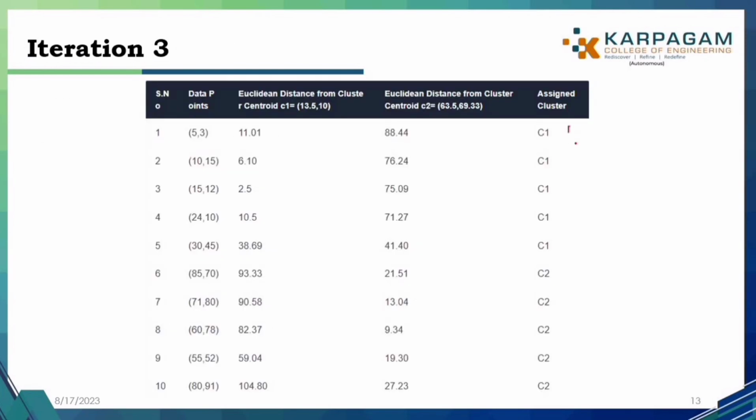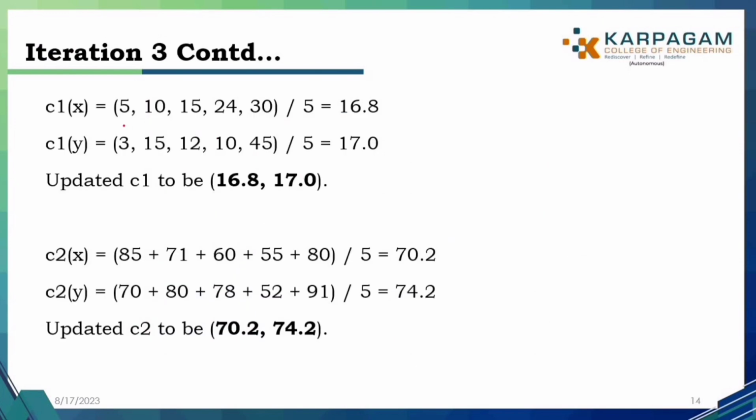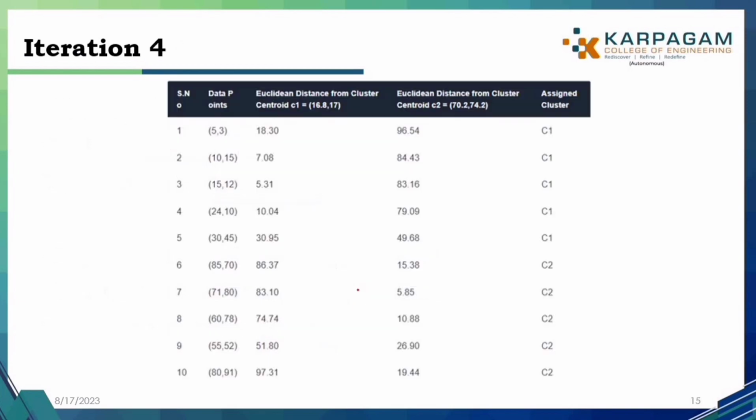Now C1 has 5 elements and C2 again has 5 elements. Adding x coordinates separately and y coordinates separately, the value is 16.8 comma 17, and for C2, by the same process, 70.2 comma 74.2.